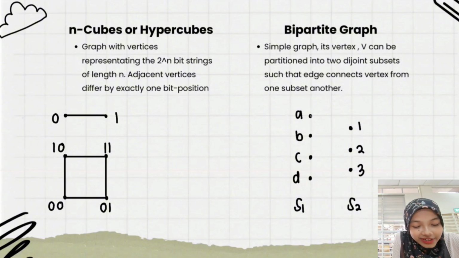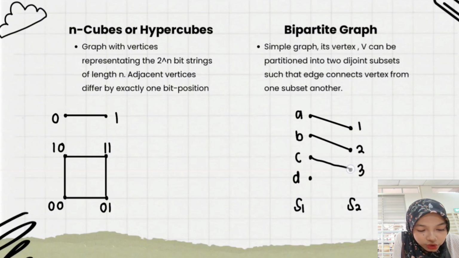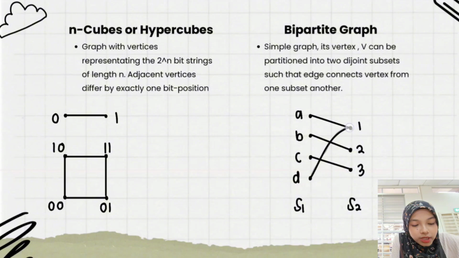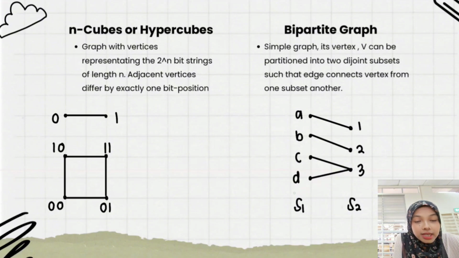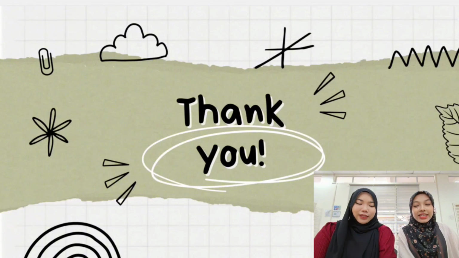So I draw the line A to 1, B to 2, C to 3. D you can make D to 1 or D to 2 or D to 3, whatever you want, because D is in S1 and 1, 2, 3 are in S2, so you can connect it to whichever S2 element you want.